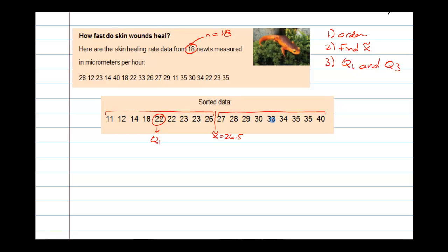Same as up above here, I go in 5 from either side, and I get Q3, my upper quartile, my 75th percentile. To summarize, I have Q1 equal 22. I have Q2, which is the median, you'll also represent it as capital M, is 26.5. And I have Q3, which is 33.